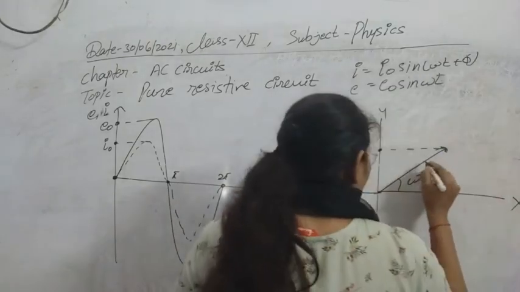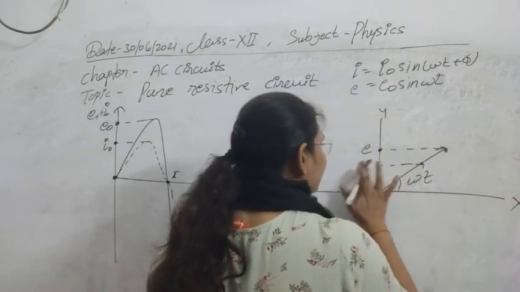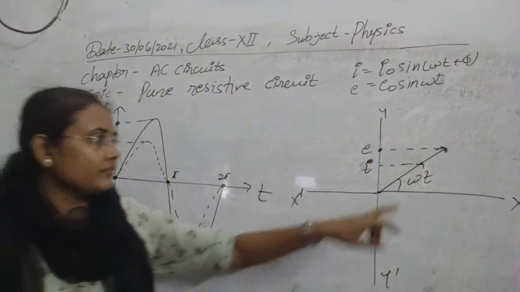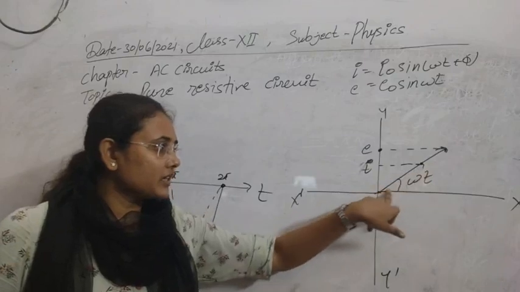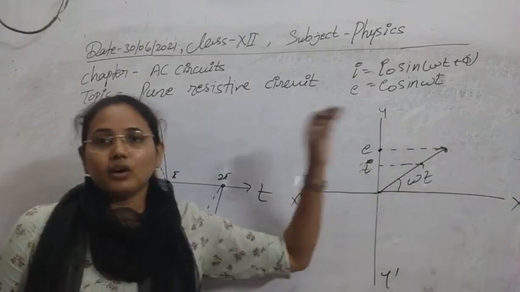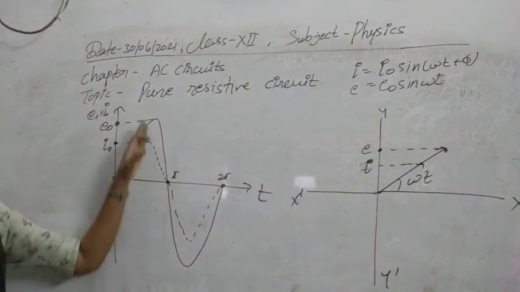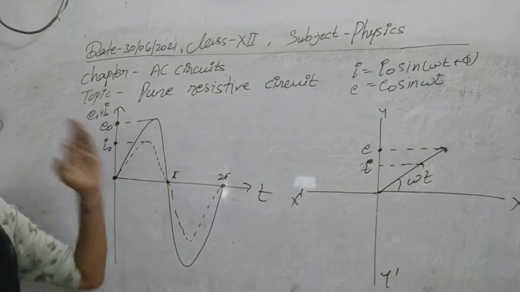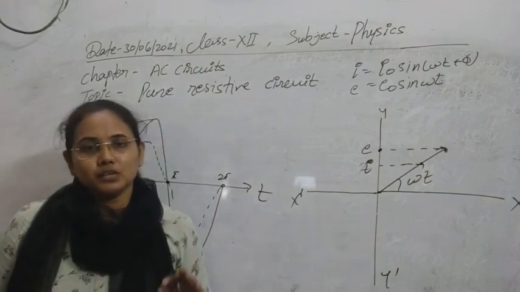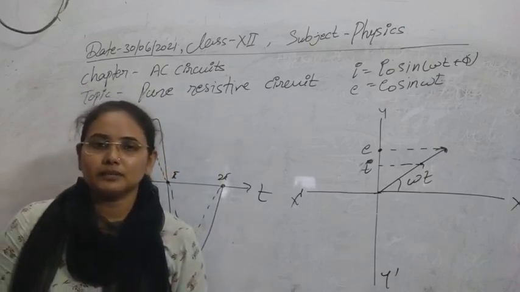In the same direction at this point we will also get the instantaneous value of the alternating current. So this is the phasor diagram for the pure resistive circuit. Both are at the same angle at any instant, and they will always move along with each other. There is no time lag between these two. Their peak value will be obtained at a single time, their minimum value will be obtained at a single time. So simultaneously they will show the behavior here in pure resistive.